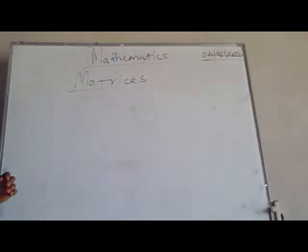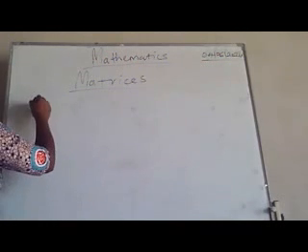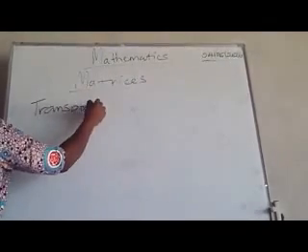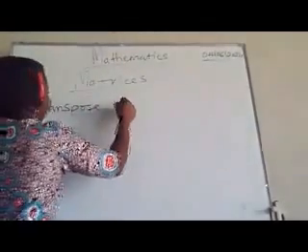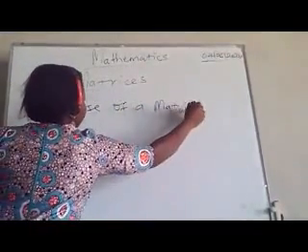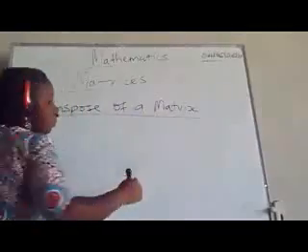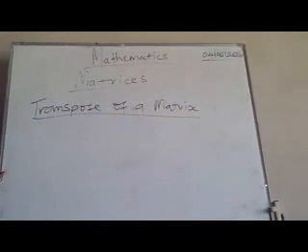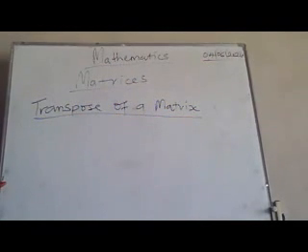We are going to look at transpose of a matrix. To transpose a matrix simply means to change its rows into columns and columns into rows.